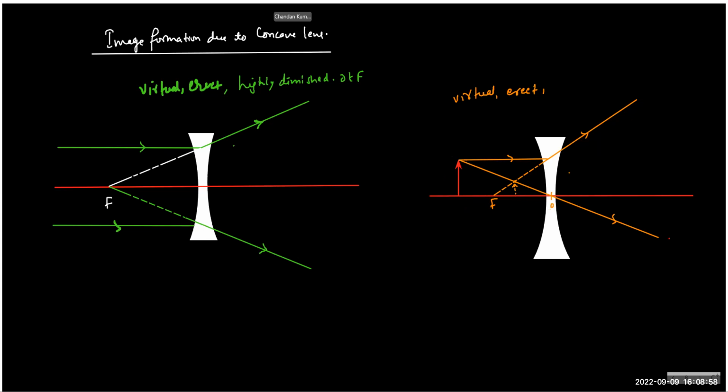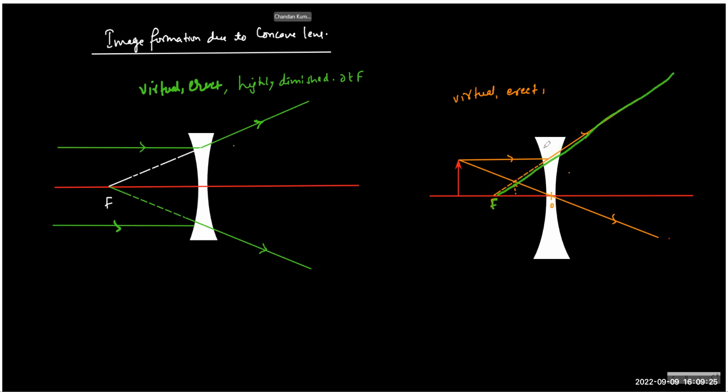Not getting it right. See, the light coming parallel to the principal axis will appear to be diverging from point F. So this light ray we can draw only from here to infinity, right? Yes.